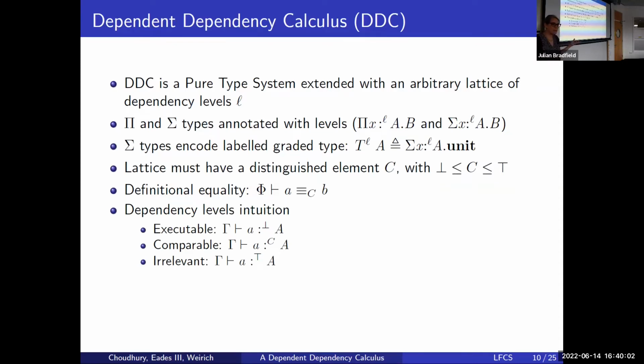It's good if we have 3 levels, because we can talk about 3 different things happening. This is just intuition for now, but if we're thinking about what we need for runtime, we're going to type check using the lowest level. When we're talking about things that we need for comparing for type equality, we're going to be type checking at level C. And if we're talking about things that we don't need at all, either at runtime or for comparing type equality, then we'll use the highest level of the lattice.